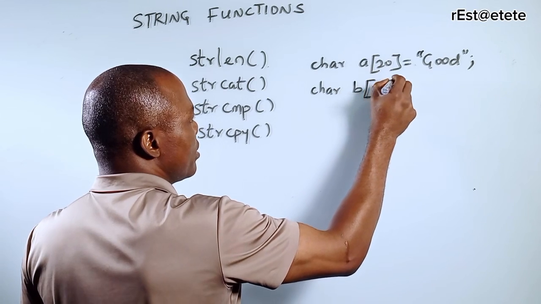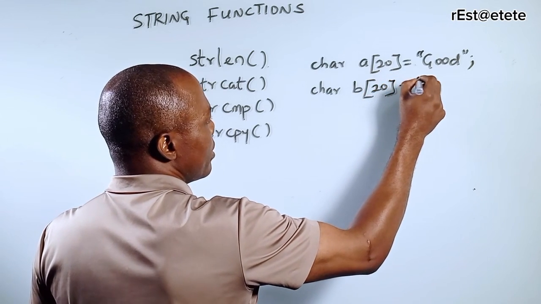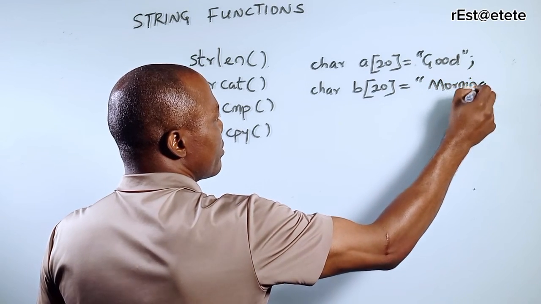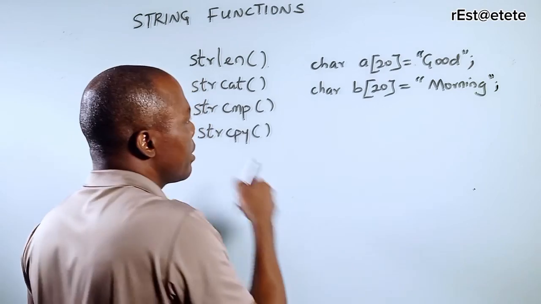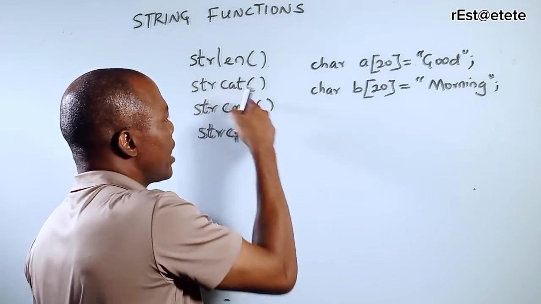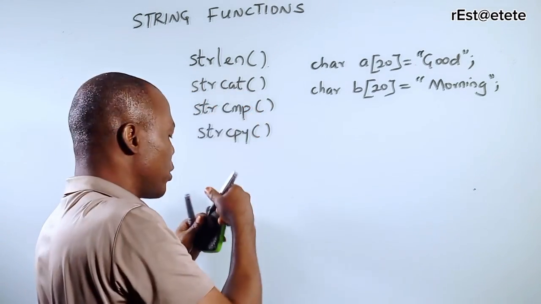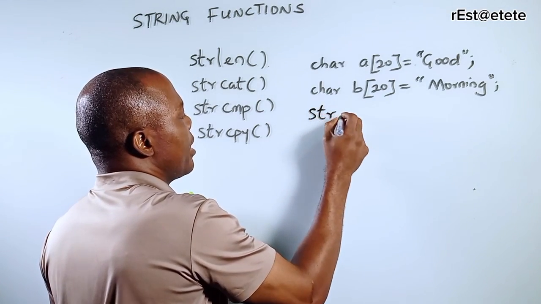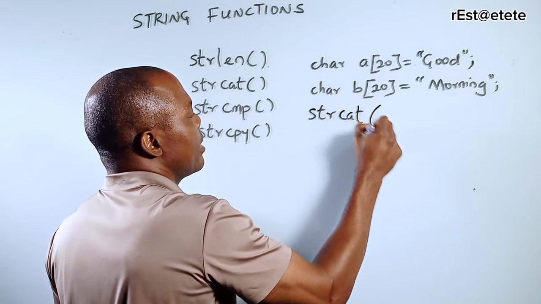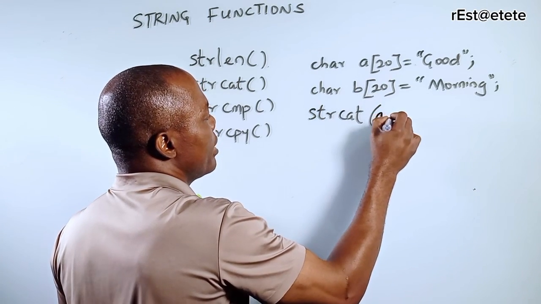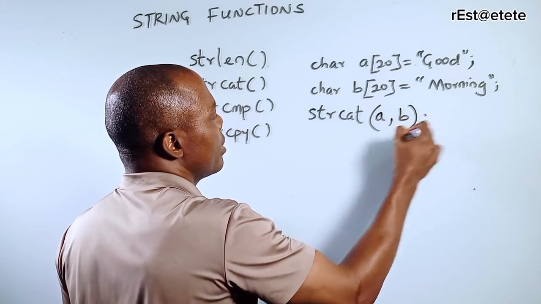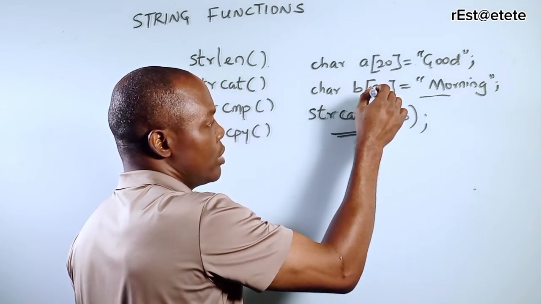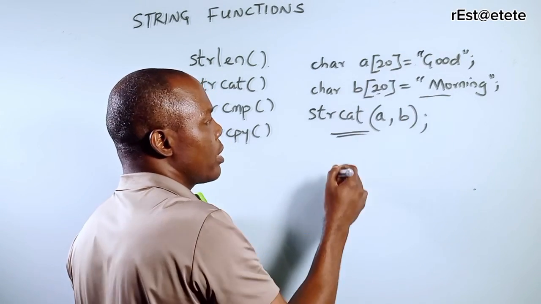I also assign 20 to it, that is 20 bytes. Then I say morning, right? If I call this my string cat, that is to concatenate, it means I want to append. If I say strcat, then I supply this a, and then this is b. So what this is simply doing is to append what is in this b, which is this 20 byte, to this one.